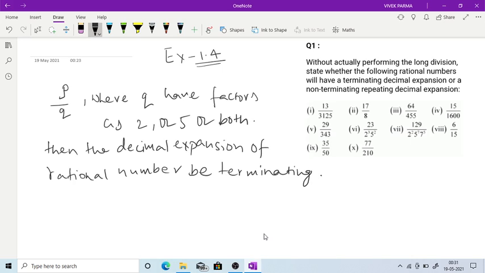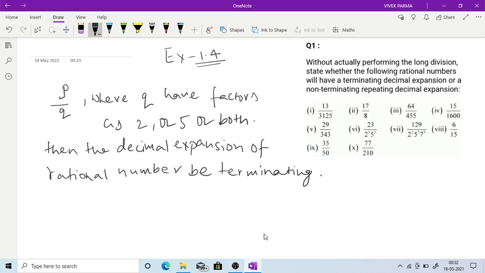And except this, if q has factors other than 2 or 5 or both, then the decimal expansion will be non-terminating repeating, right?